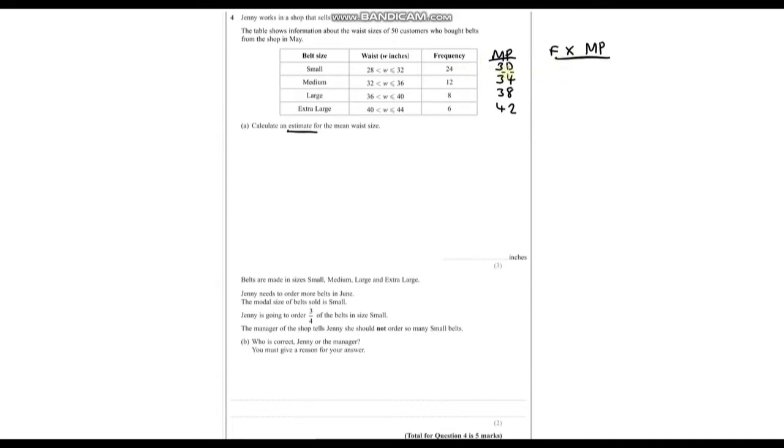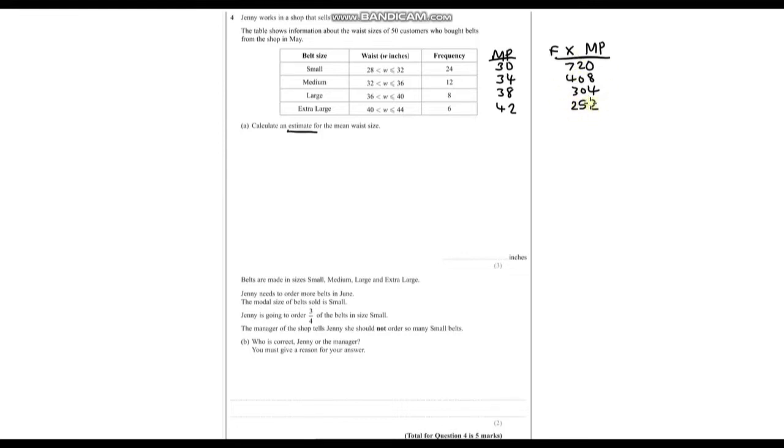So 24 times 30 gives us 720. 34 times 12 is 408. 38 times 8 is 304. And finally, 42 times 6 is 252.